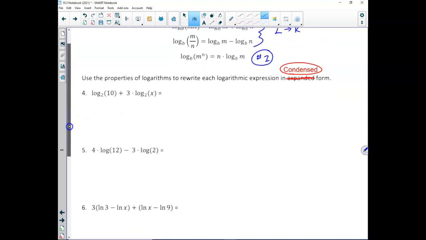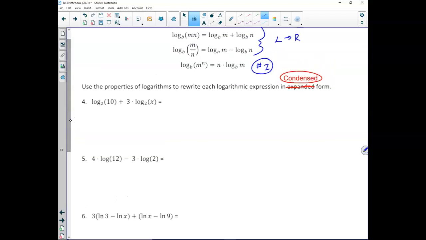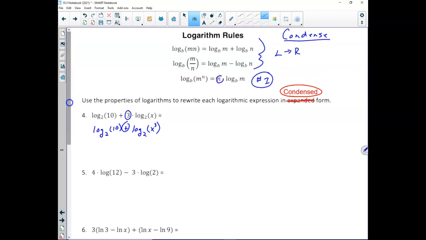Well, if I'm going to condense this first one, okay, notice I do have one there. That's going to be a log base 2 of 10 plus a log base 2 of x to the third power. Okay, now I'm adding. So I get rid of all of these powers. I throw that power back up, and I'm moving it back. When I condense, I'm taking simple logs, and I'm writing them into an ugly one.